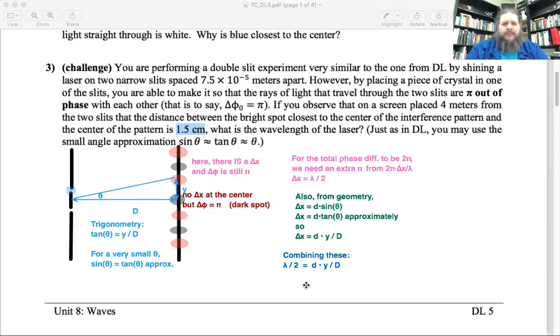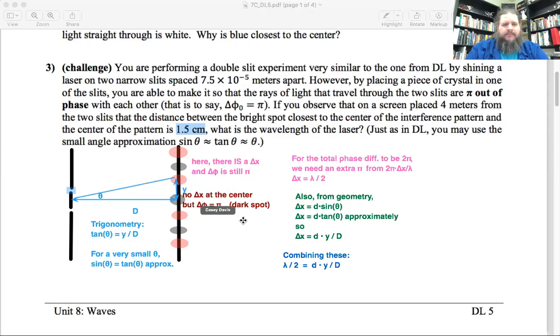Sorry, Casey, I still don't get it, because I thought delta y is, let's say on your screen, the center is the dark spot. Initially I thought delta y is from that dark spot to another dark spot. Well, y is just the vertical distance from the center to whatever spot we're talking about. In this case, the spot we're talking about is the first bright spot beyond the center.